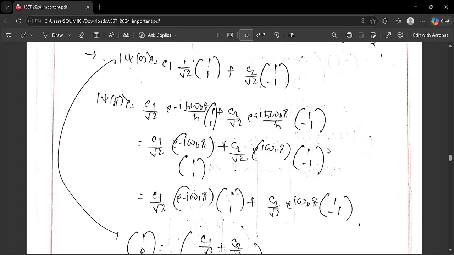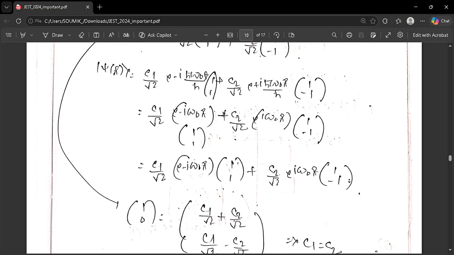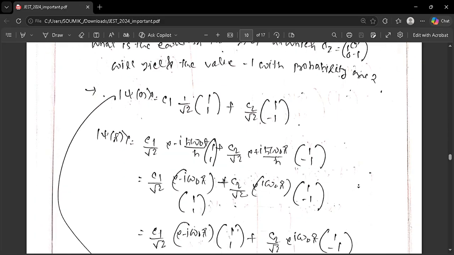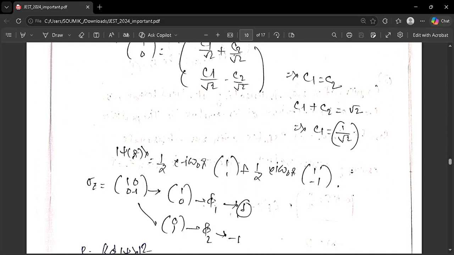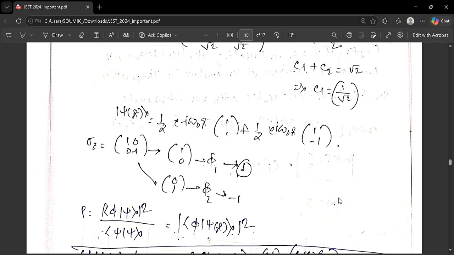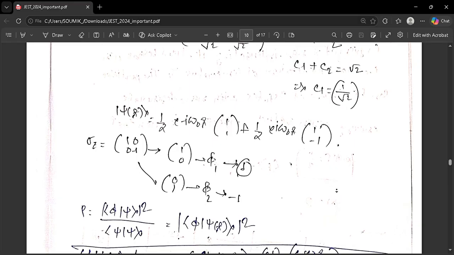I just substitute this into psi t. The question asks when sigma z will yield the value -1 with probability 1. Sigma z has two eigenstates, (1 0) with eigenvalue +1 and (0 1) with eigenvalue -1. So the probability is this.